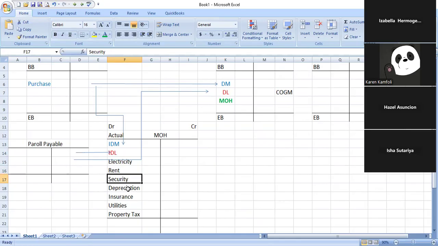Security, we may pay once every 3 months. Depreciation, usually we do once a year. Insurance, you're paying once a year. Utilities, with different utilities, different times. Property taxes, again, we pay once a year. So as you can see, different manufacturing costs, different timing, at different points they're going to come.